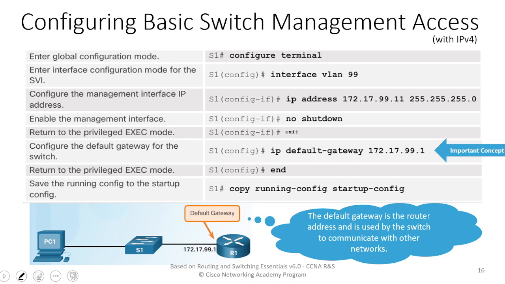Again, it needs to be given an IP address and a subnet mask. We also need to give the default gateway corresponding to that, so that the switch can enable the connectivity back to the router. That particular SVI can make that connection, so that we are able to get through to that SVI.